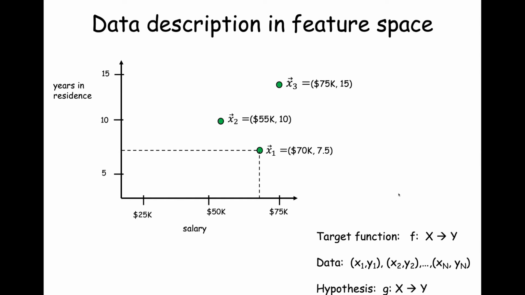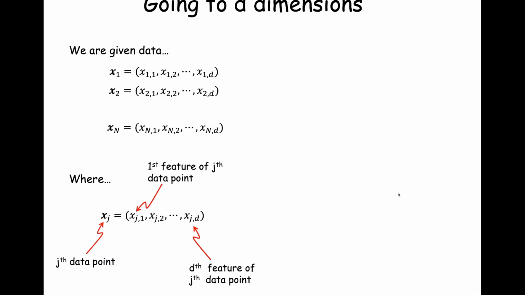Similar how? Well, when we describe a customer, we use feature space representation. One of the examples we gave was customers to a bank as described by a two-vector, namely their salary and years in residence. So here we have a data set. Let's say your first customer has $70,000 annual salary and 7.5 years in residence. So we end up with a point in feature space. Now, of course, if we can do this in 2 dimensions, we can do this arbitrarily in D many dimensions.